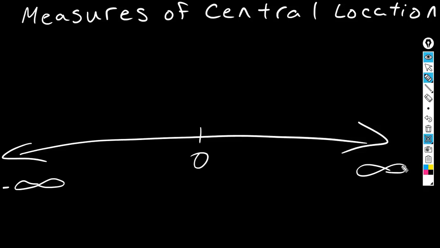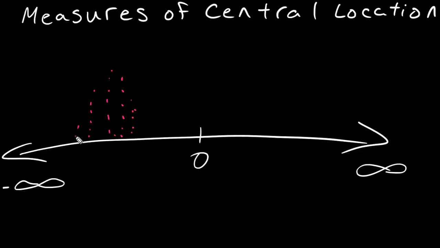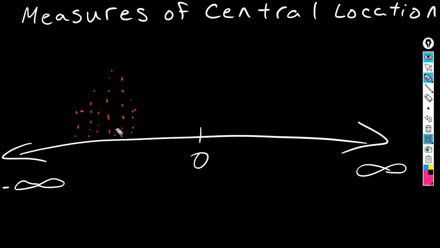So what we're trying to do with our measures of central location is we're saying, hey, we've got a bunch of data. Actually, let me change this color, these aren't really great colors. Let's go with magenta. All right, so my data, if we think about our dot plots, this would be somewhat similar, though not doing quite as good of a job.